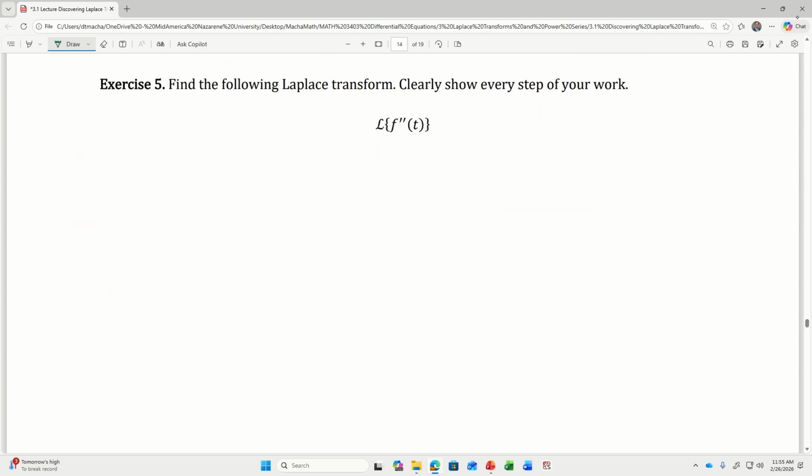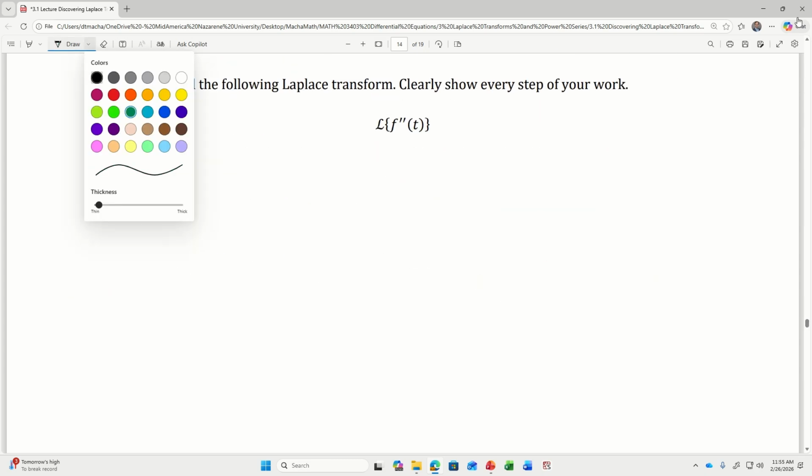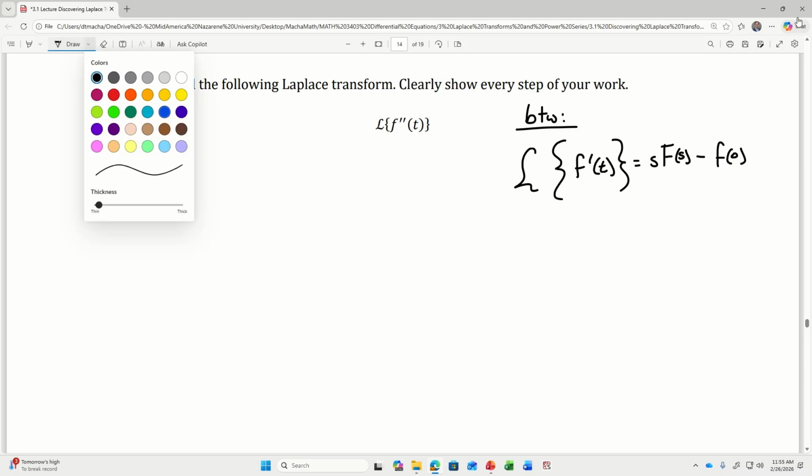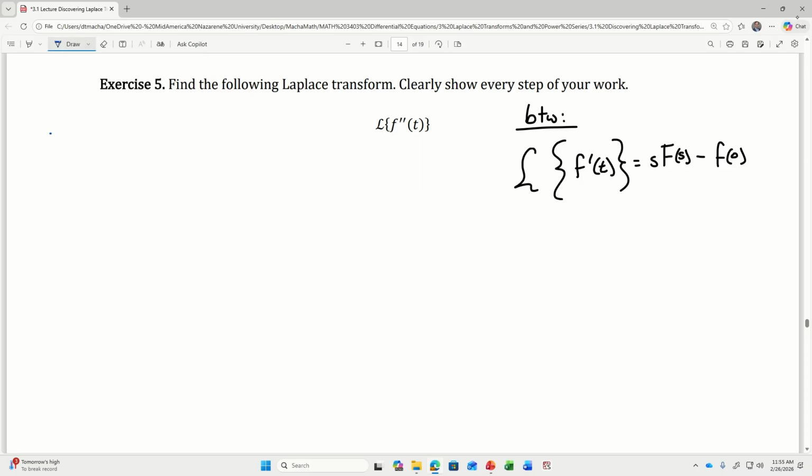Okay, second derivative time. By the way, we already know that the Laplace transform of the first derivative is s capital F of s minus f of 0. So now, when I want the Laplace transform of the second derivative, this is just the derivative of the derivative.